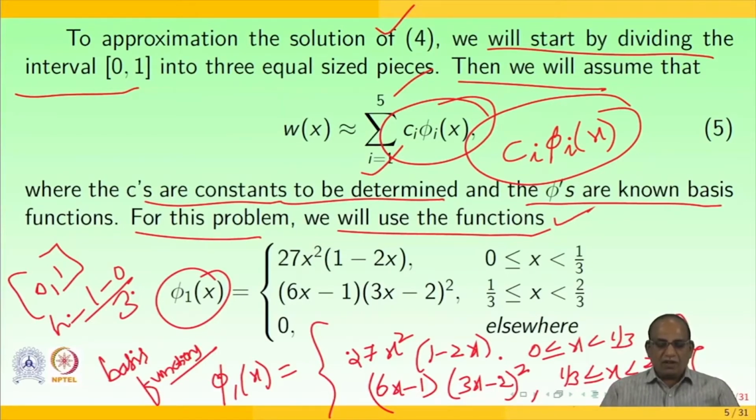So therefore, phi 1 of x is 27x square times (1 minus 2x) for x between 0 and 1 by 3, and (6x minus 1) times (3x minus 2) whole square when x lies between 1 by 3 and 2 by 3, and 0 elsewhere.